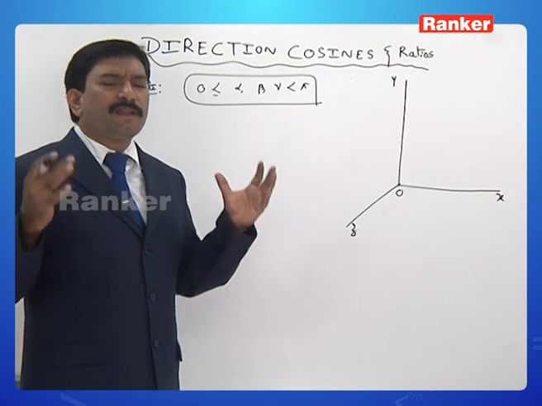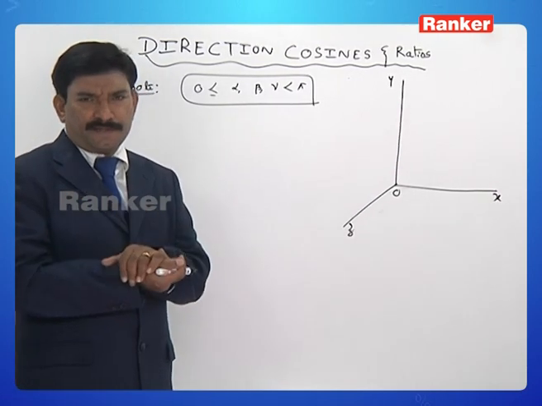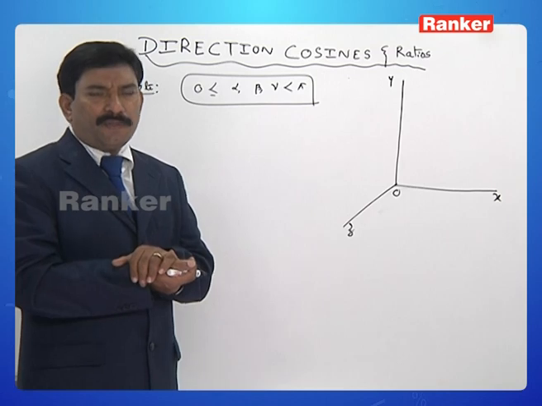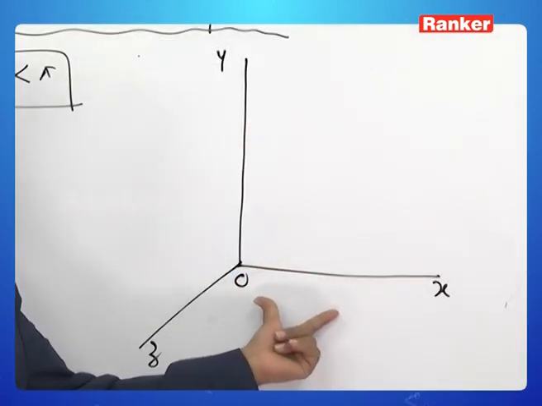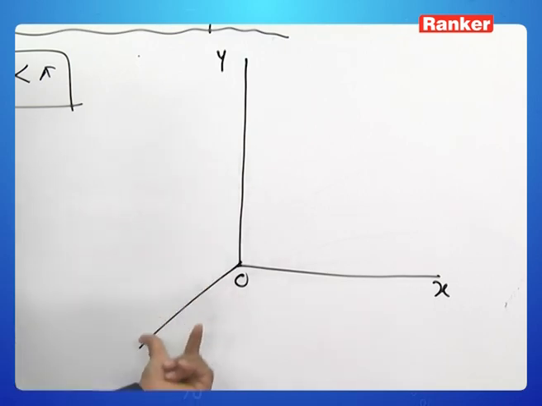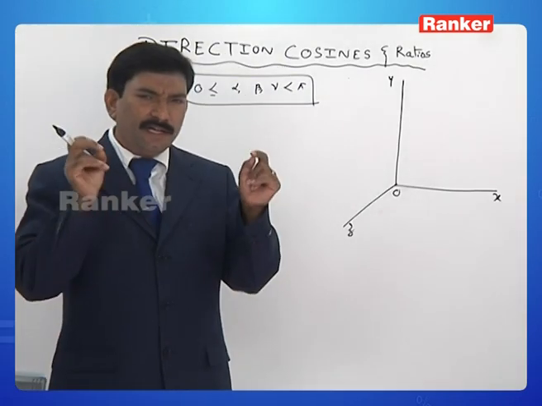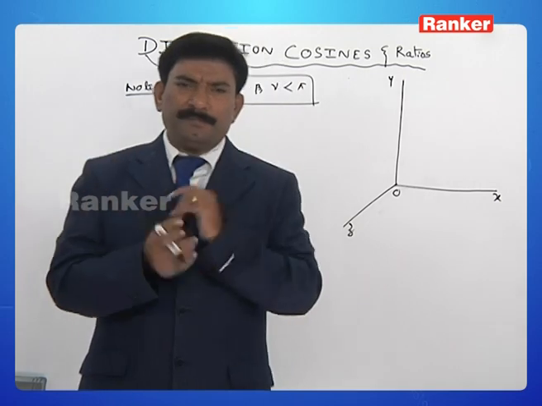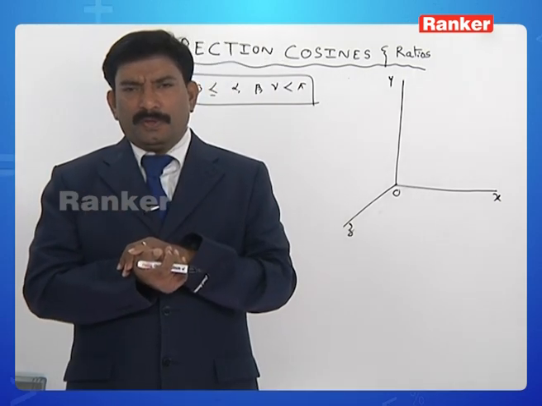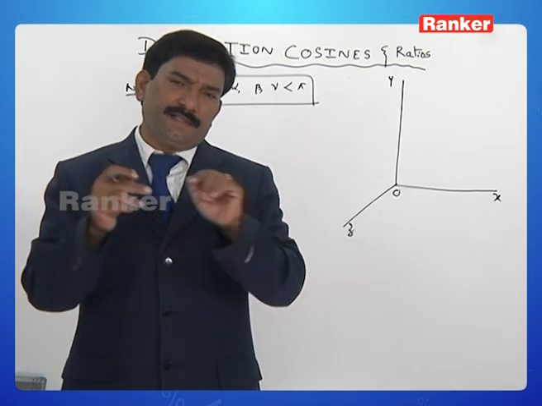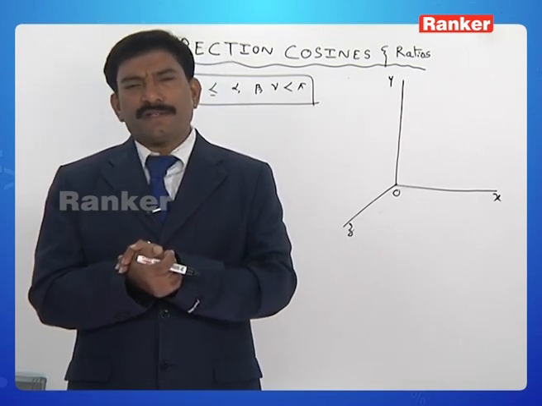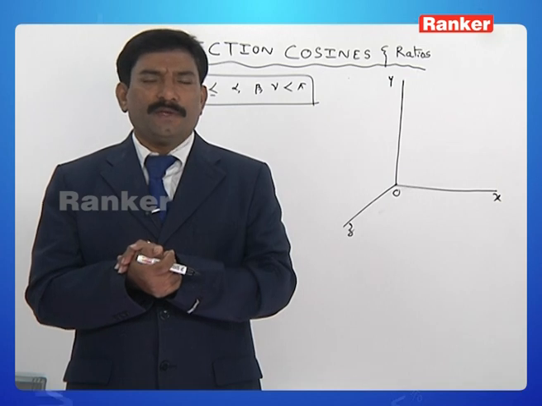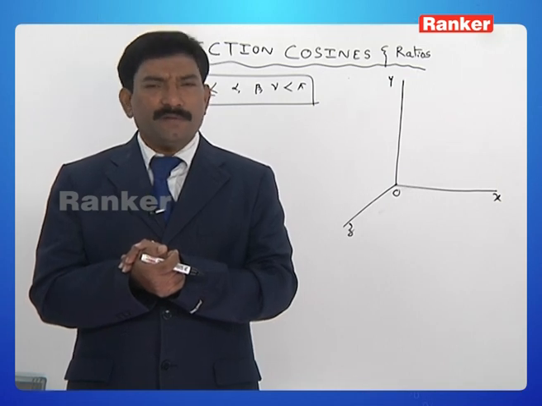Now I take the line as the x-axis, then the y-axis, then the z-axis. The angle made by the x-axis with the x-axis is 0, with the y-axis pi by 2, with the z-axis pi by 2.